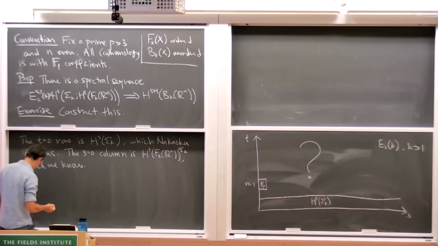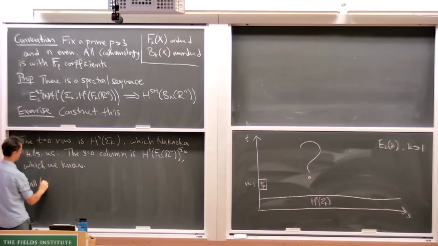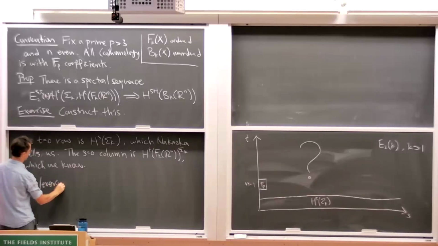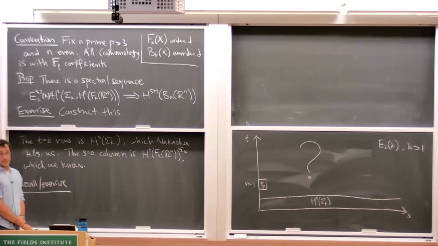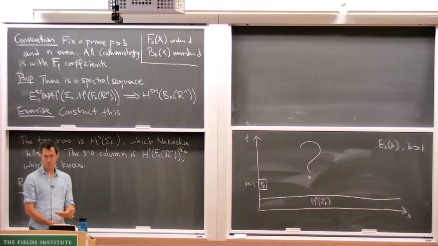Okay, so let's remember something, or if you don't remember it, it's an exercise. It's a basic fact about group cohomology: when the prime in question does not divide the order of the group, there's no group cohomology.